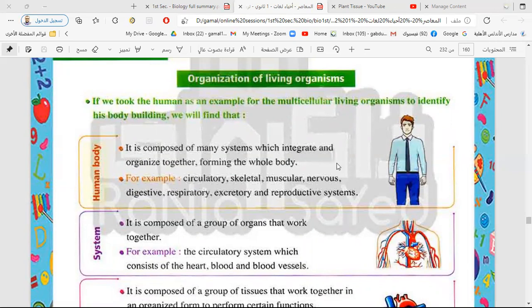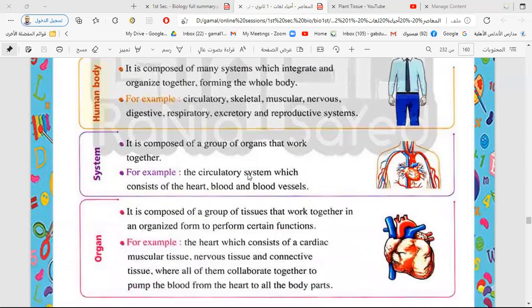Like the digestive system, the skeletal system, the circulatory system, the muscular system, and the nervous system, a reproductive system, excretory system, respiratory system. All systems work together in high coordination and organization. They are organized to perform their functions, and they are integrated.